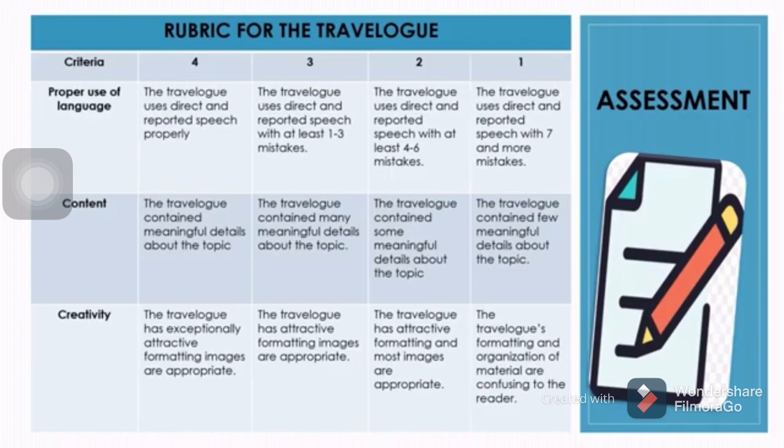In doing the activity, be guided with the rubric for this travelogue. Of course, here are the criteria. First, we have the proper use of language, then the content, and the creativity. Okay, let's start now.